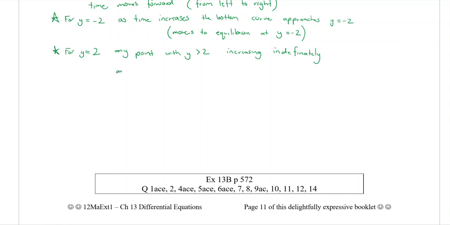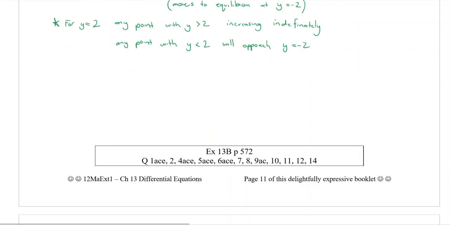Any point that is y value less than 2 is approaching, what is it approaching? The y equals negative 2. All those ones, they're starting up at y equals positive 2, but then as time is passing, they're all going down and approaching that y equals negative 2.